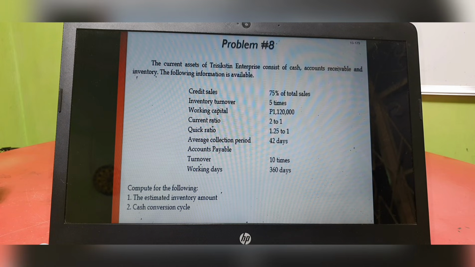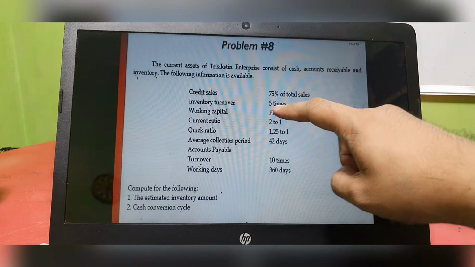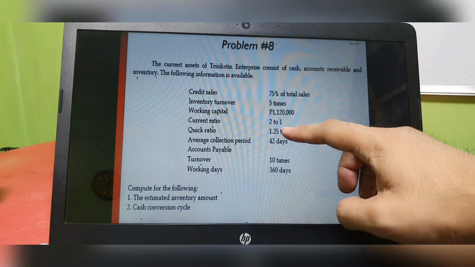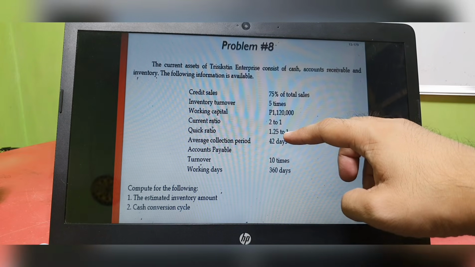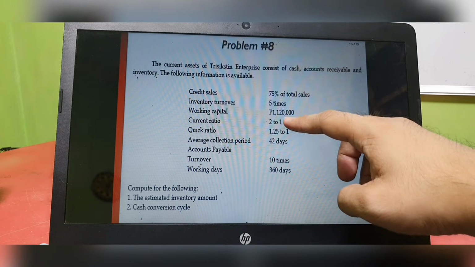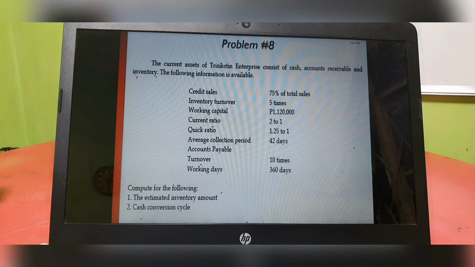Normally, ang naiisip natin pag inventory, isip tayo ng ratio na may inventory dyan. So, most probably, it could be the inventory turnover that could lead us to the solution. Or, remember, ang current ratio at quick ratio, ang difference lang nilang dalawa ay inventory. So, isa sa dalawa na yan could be our solution. So, let's try.